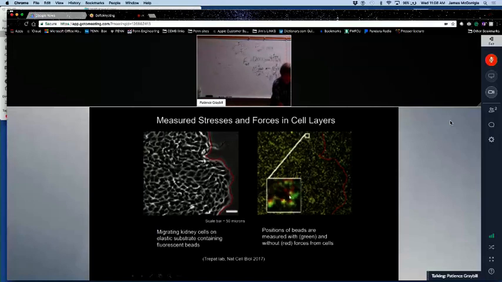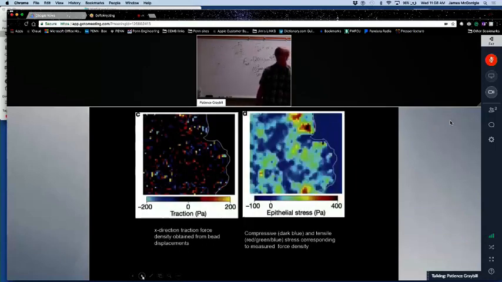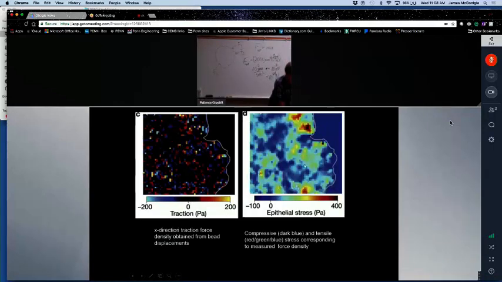And then the green here is their positions after the cells were put down. And from these motions, it's possible to measure the forces. And so they call it traction here, but these are forces here. And here we get the stress.